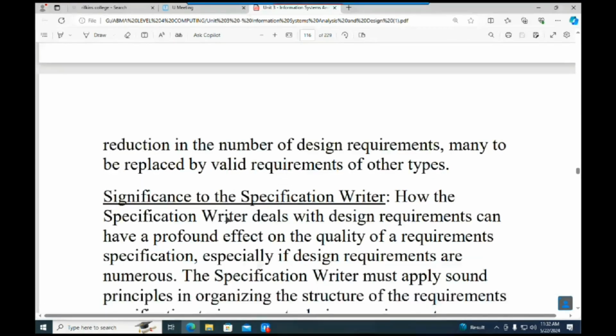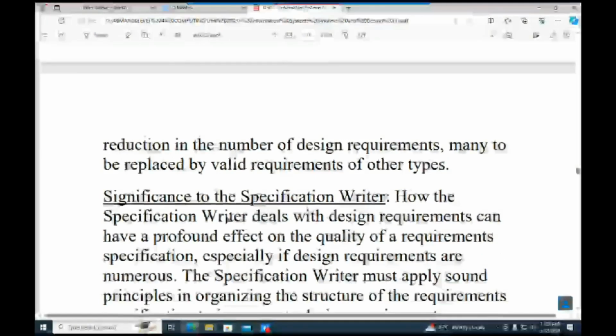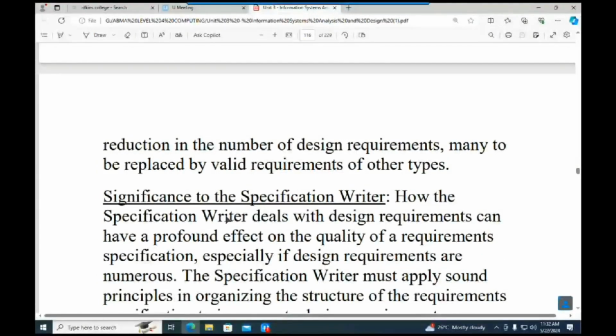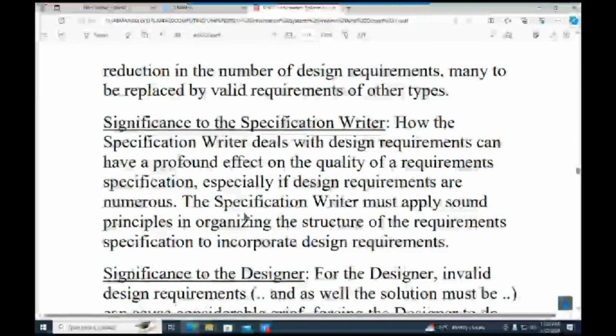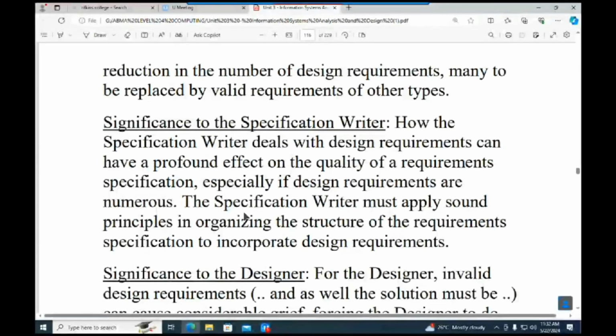So that can give us some substantial reduction in the number of design requirements, because we can have many requirements that need to be replaced by others. How the specification writer deals with those requirements can also have an effect on the quality of the requirements specification, especially if the design requirements are numerous.